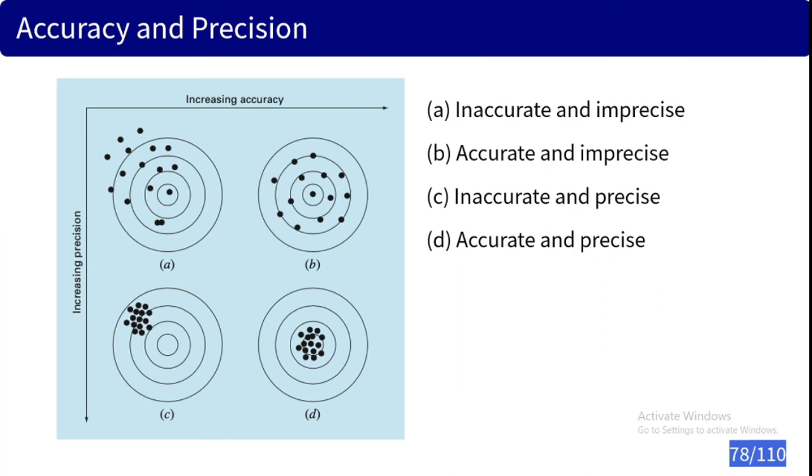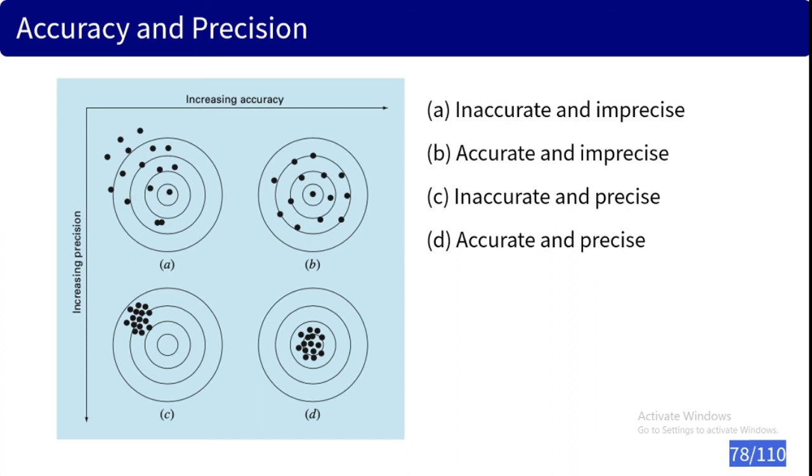So the values that you got after multiple computations are far off. Right? Now let's take a look at B. The dots are scattered, no? But these dots or approximations are close to the bullseye, or the true values.